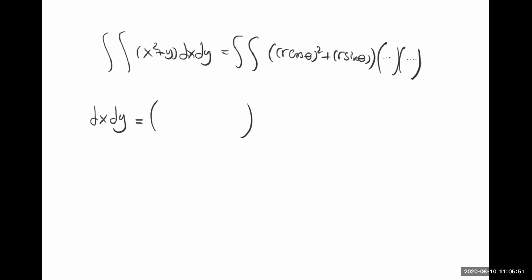So what was dx? dx was dr cosine of theta minus r sine of theta d theta. What is dy? dy was dr sine of theta plus r cosine of theta d theta.